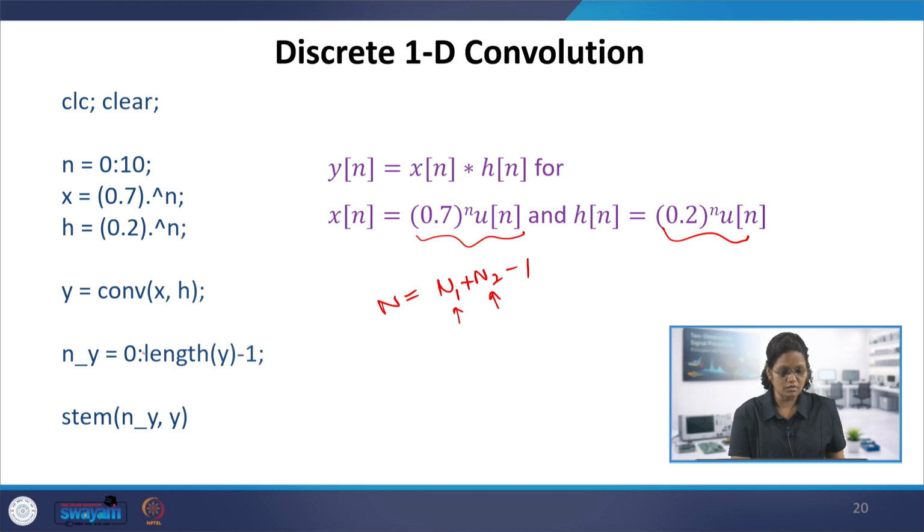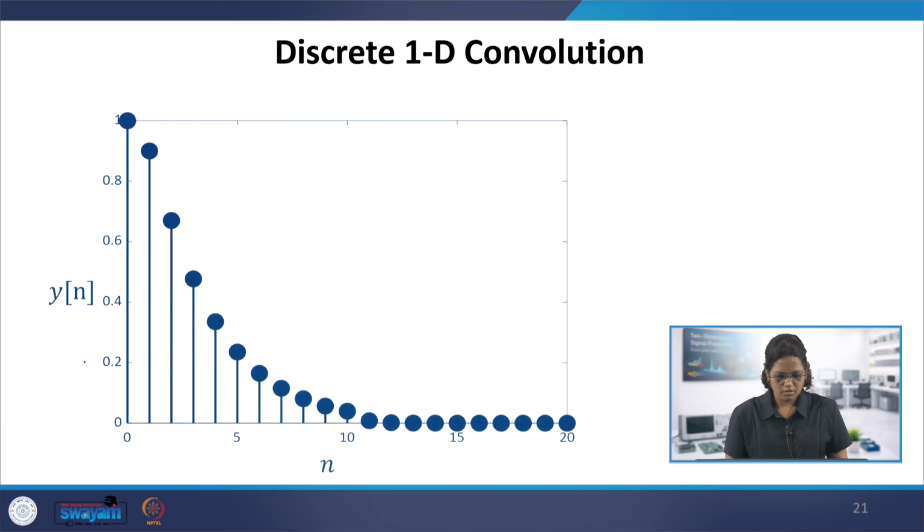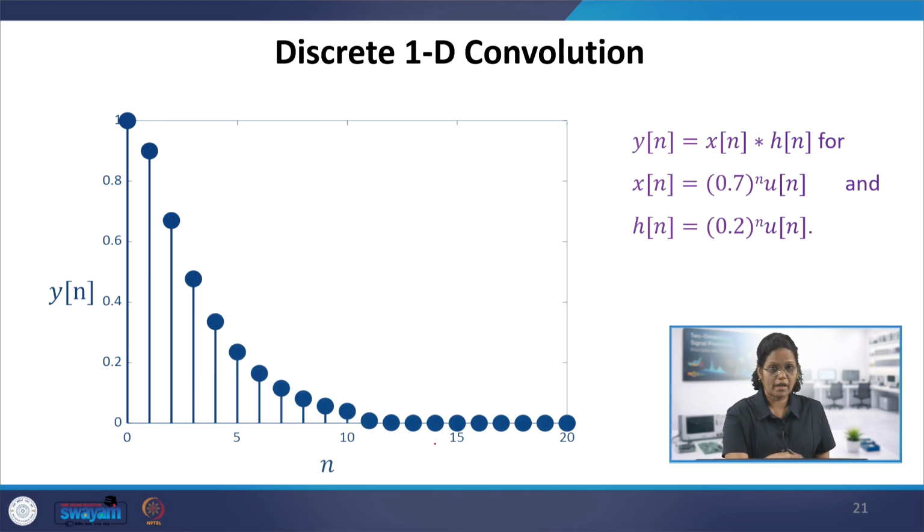Since n starts from 0, we need to change the index to plot it: n comma y equals 0 colon length of y minus 1. y is obtained from the convolution, and this is its length. So we have to change the index of n now, it's not 0 to 10. It is 0 to n1 plus n2 minus 1. So plot stem n y, that is the new index comma y. You can't plot y with respect to the old n as such, because when plotting you need to match the index of x and y.